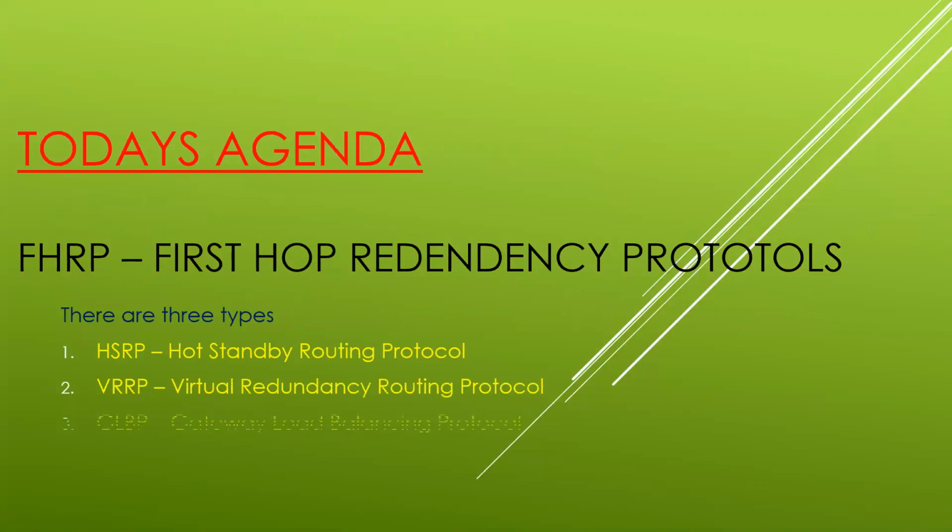Under FHRP, we have three protocols: HSRP, VRRP, and GLBP. Here I gave the definitions: Hot Standby Router Protocol, Virtual Router Redundancy Protocol, and Gateway Load Balancing Protocol. These three protocols go under FHRP.